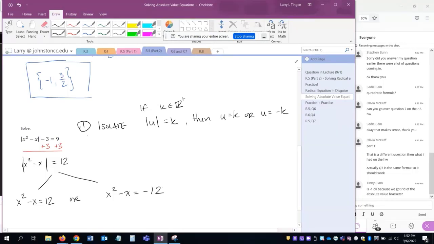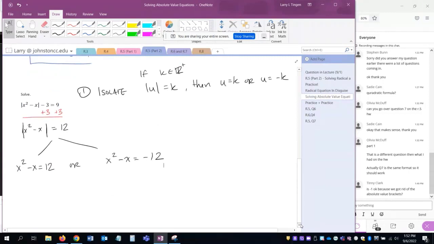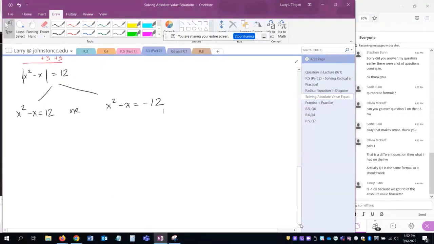Okay, let's go. Both of these are quadratics. How are they going to work? Well, they're quadratics, so I need everything on one side. So subtract 12 from both sides for the one on the left. Two things that multiply to negative 12 add to negative 1. If I'm multiplying to a negative, that means this is plus minus.